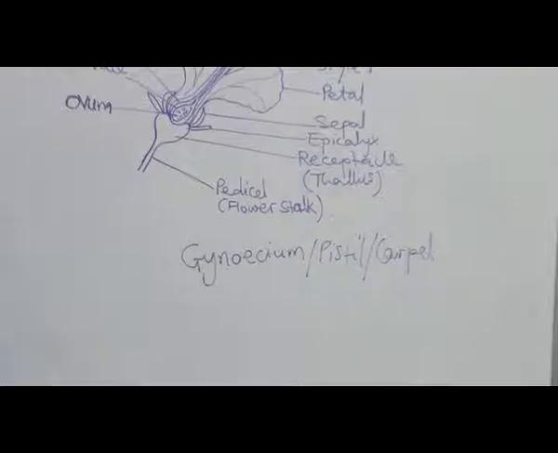Let's now answer the question. A, is the female part of flower A, anther? Anther is out of it. Anther is the male part. So A is not the answer. B, androecium is the general name for the male part. So B is out of it. Then we'll have C, stigma, style, and ovary. That's correct. Let's look at D. Carpel, style, ovary is correct.